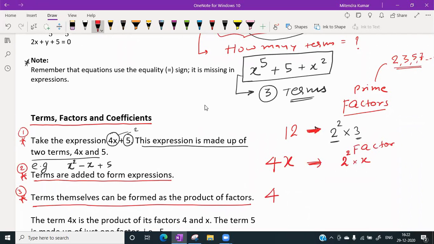Or maybe if I ask x square y square and write down the factors, then what you can write? You can write 2 square into x. X square means what? 2 times multiplication of x. Y square means what? Y into y. So these all are called factors. These all individuals are called factor.